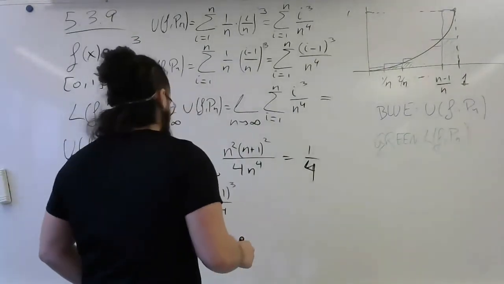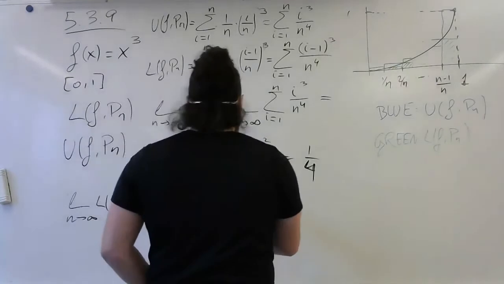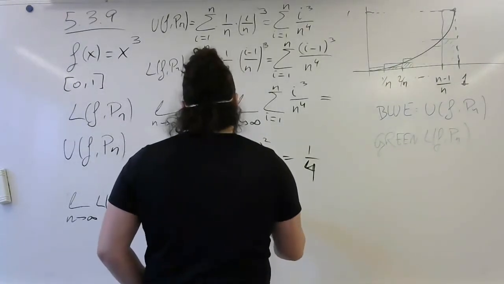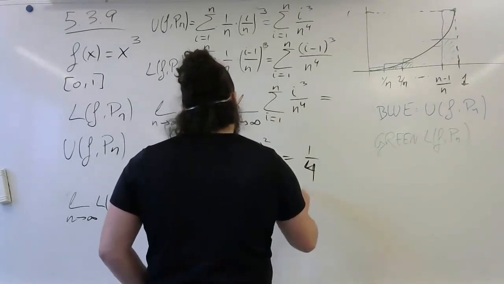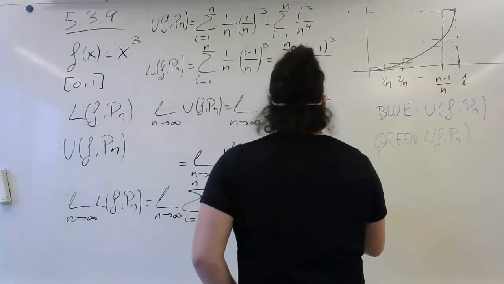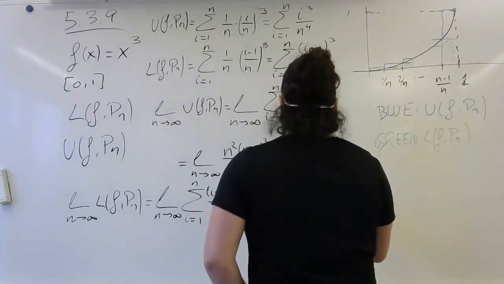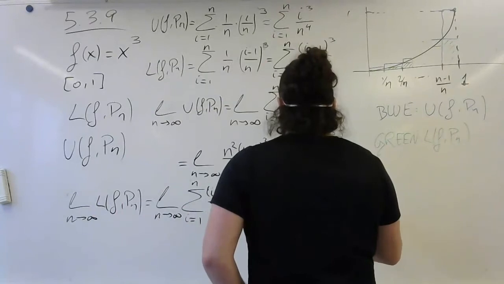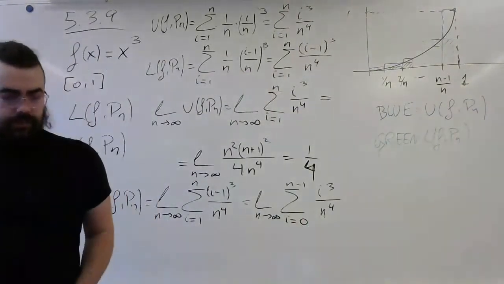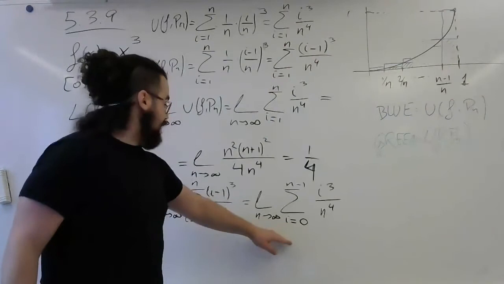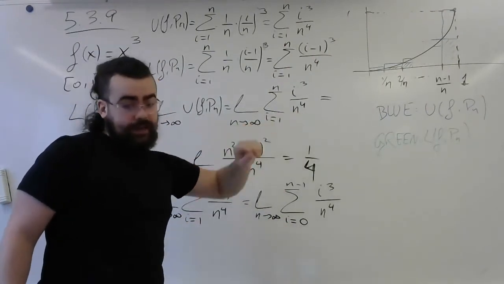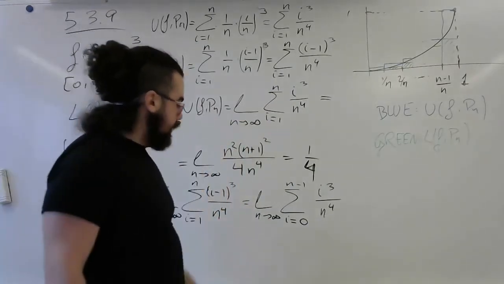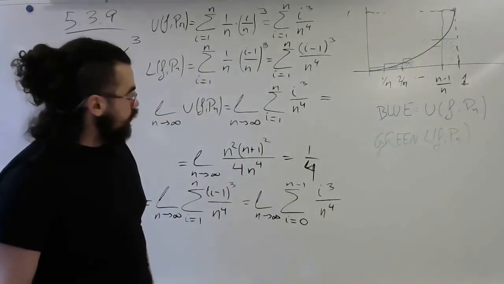Now this doesn't look as good anymore, but this is one thing we can do. And now, in order to convert this into this, I need to add and subtract something. So what do I have to add and subtract?